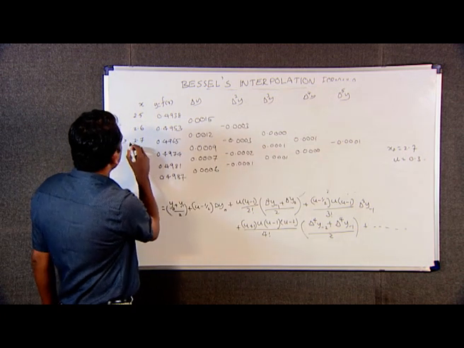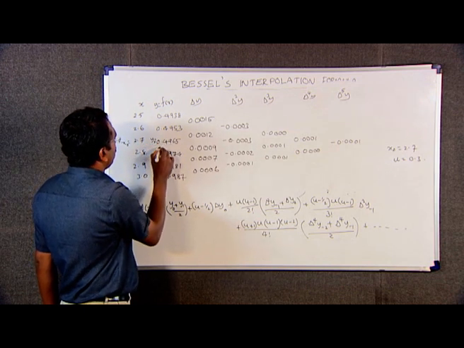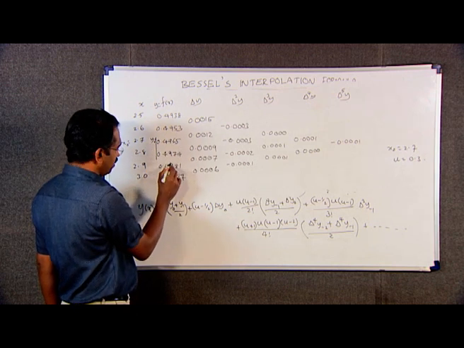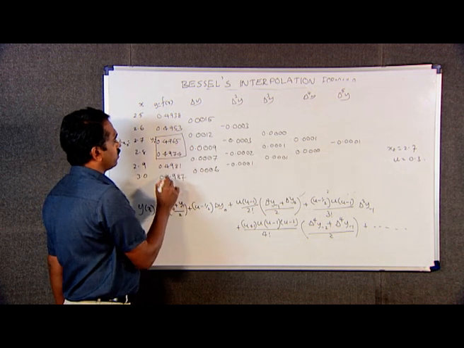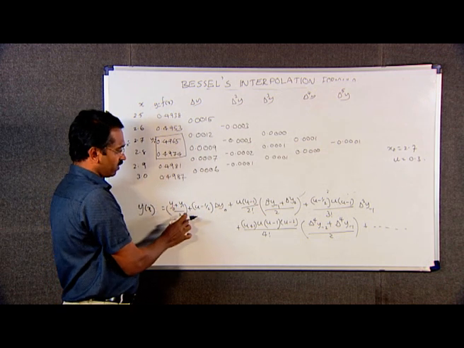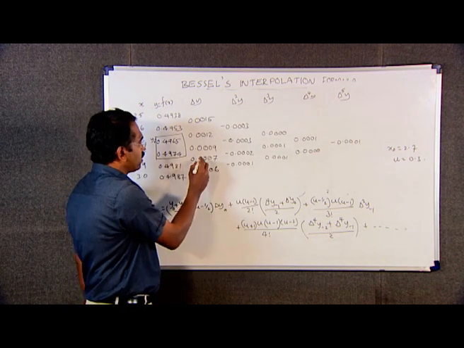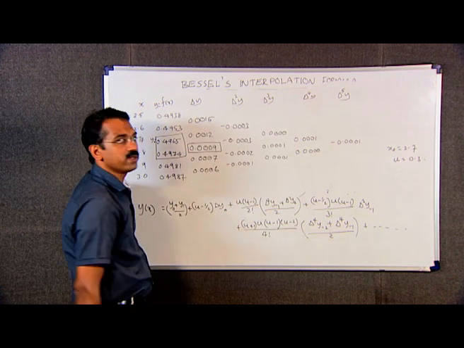X naught is 2.7, so y naught is 0.4965, and y 1 is 0.4974. Delta y naught is 0.0009.